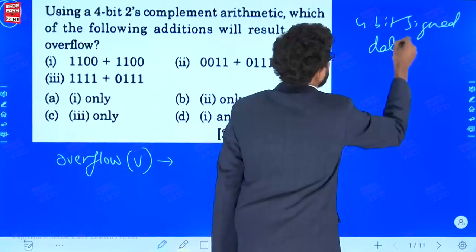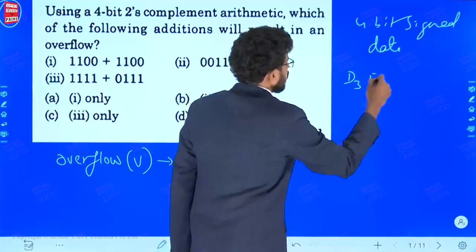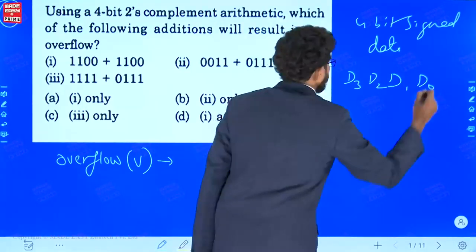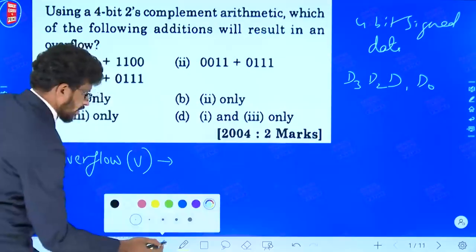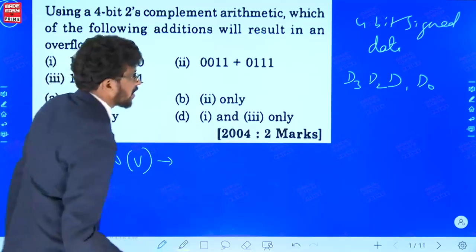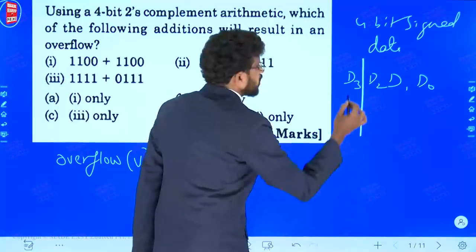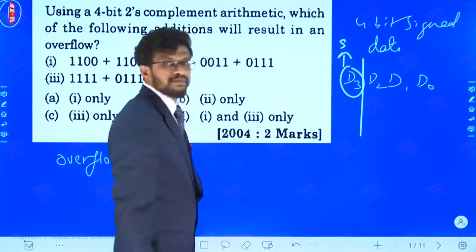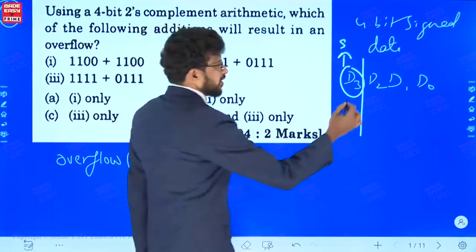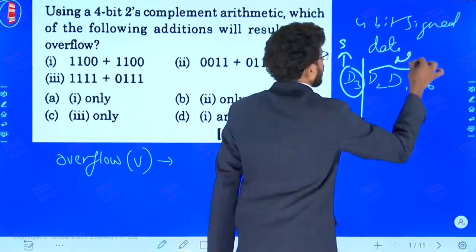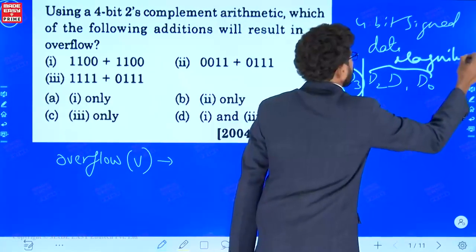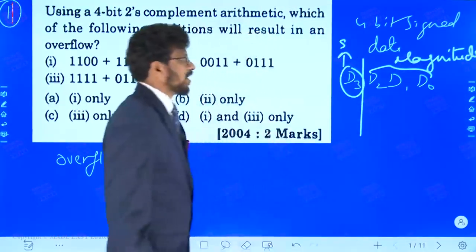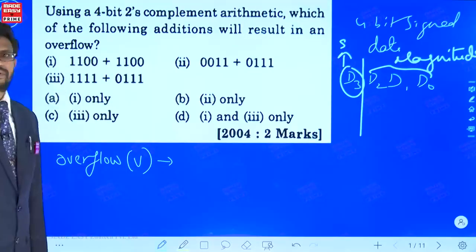So how many bits are there? D3, D2, D1 and D0. Here MSB is a sign bit. Don't worry about this. It is sign bit. 0 is positive, 1 is negative. And these 3 bits will give you the magnitude.